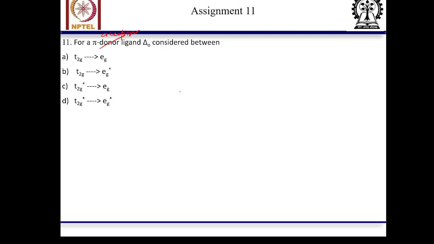So first we will write the metal ligand sigma complex. What are the energy levels? That is also incorrect. Once we go to the ligand field theory, it is not eg, it is always eg star. We have the metal ligand sigma complex, which is t2g there and eg star. In between these two is the delta zero. This is the metal to ligand sigma complex.